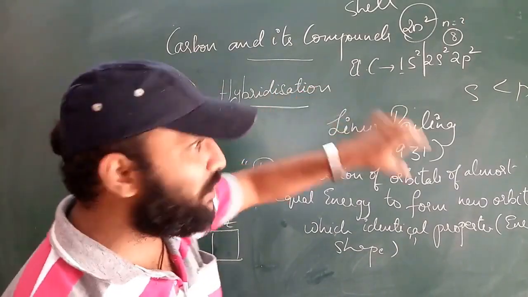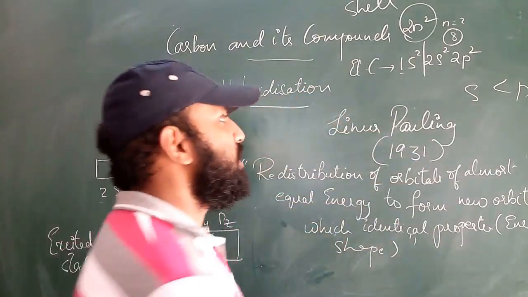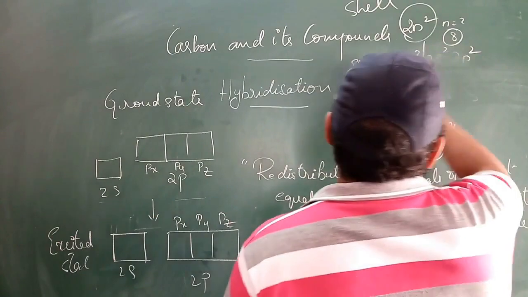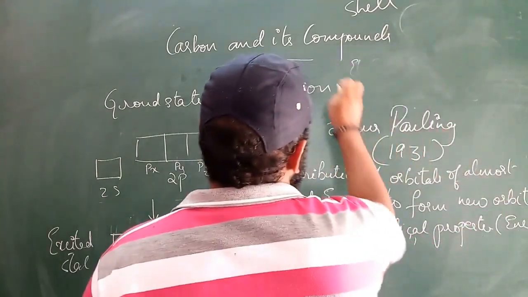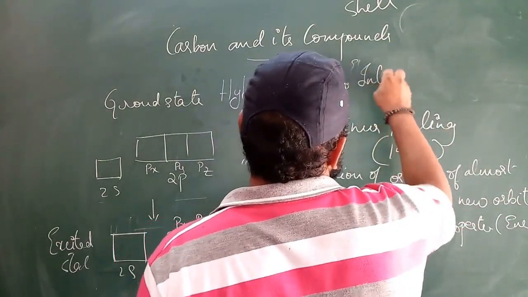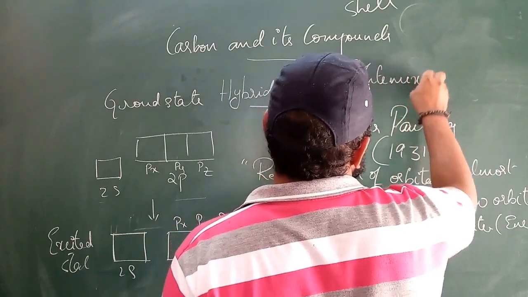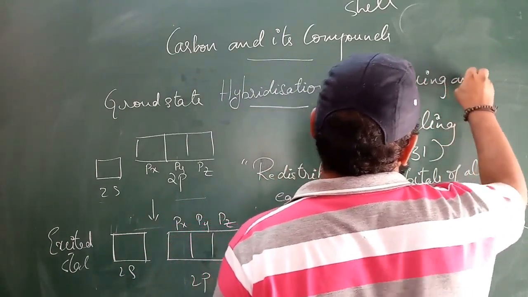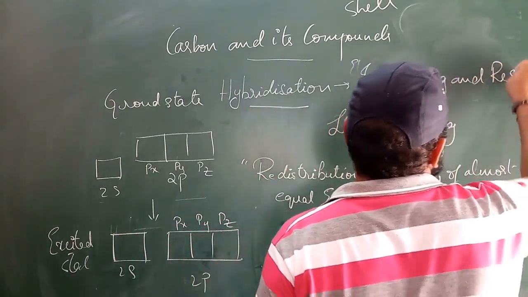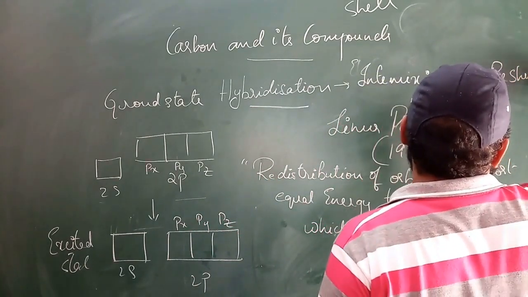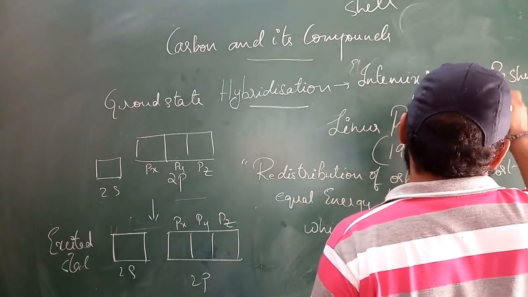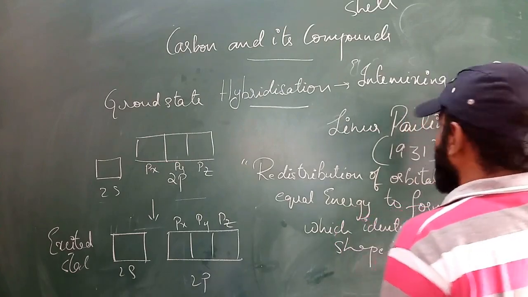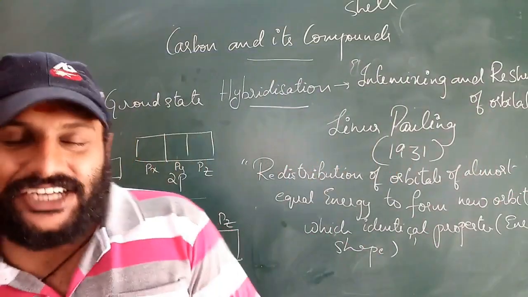So there is one more simple definition: intermixing and reshuffling of orbitals.